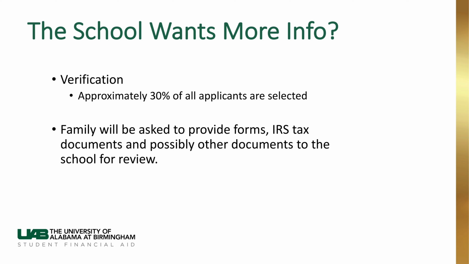It's not just a copy of your 1040. But if you use that IRS data retrieval and you pull that information over from the IRS, put it in the FAFSA, and you don't change any of it, then you don't have to ask for that tax return transcript. Okay, because we already have the data straight from the IRS. There's no point in getting something else from the IRS. But you may have some other forms and things that we may need for you to fill out. Okay.